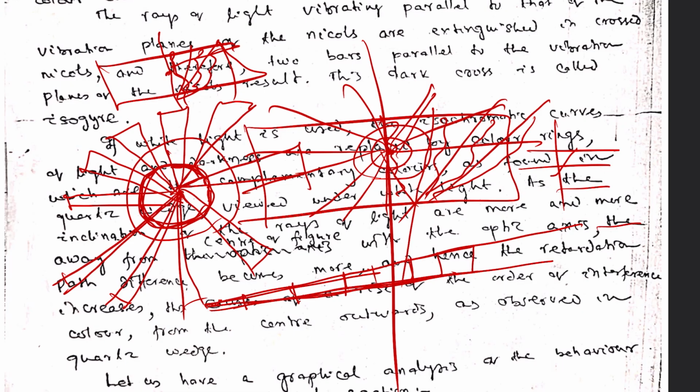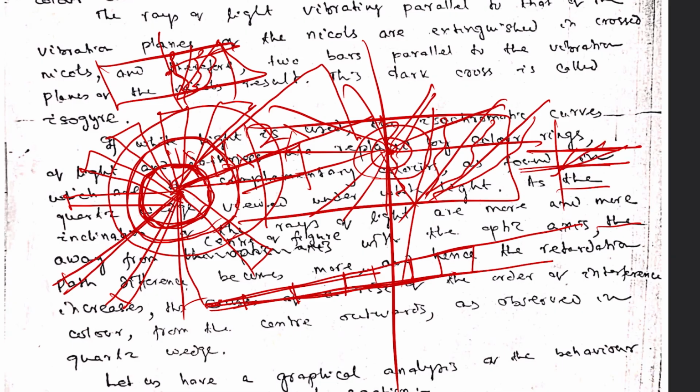Let us say 1 lambda. The light rays which are coming in another ring will be, say, 1.5 lambda. In the third ring it will be 2 lambda. So what happens? As you move from the center outwards, the thickness increases because of the increasing inclination of the light rays to the same section.